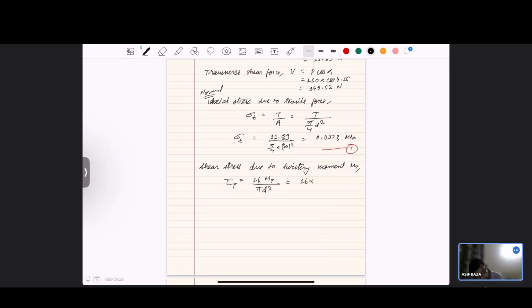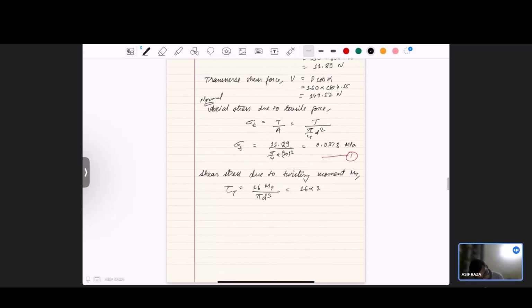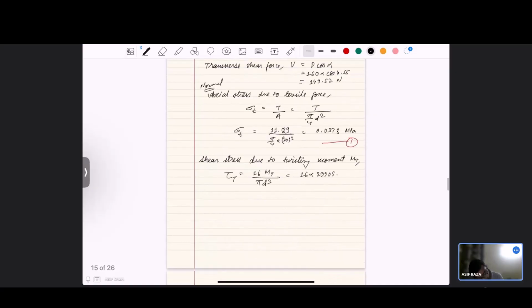Let us substitute. This is 16 into 299.145 divided by pi d cube. Let us calculate this. This is 19.038 megapascal.